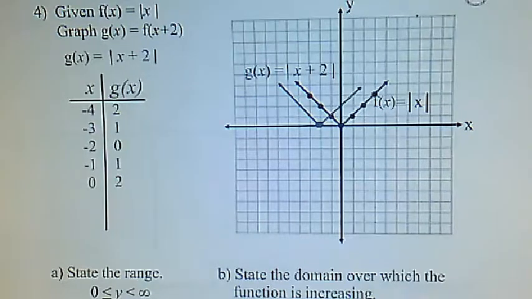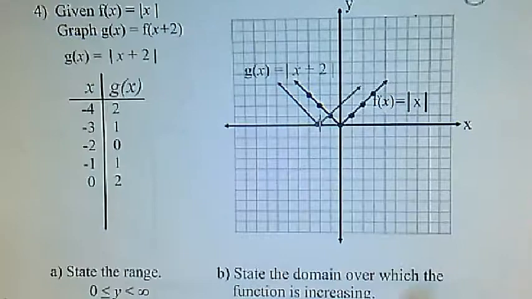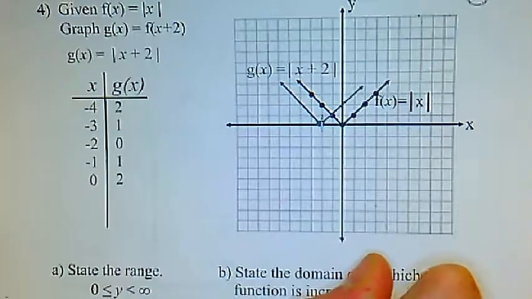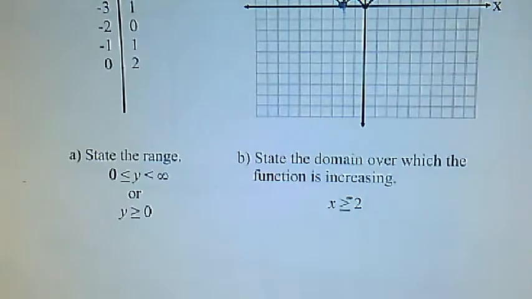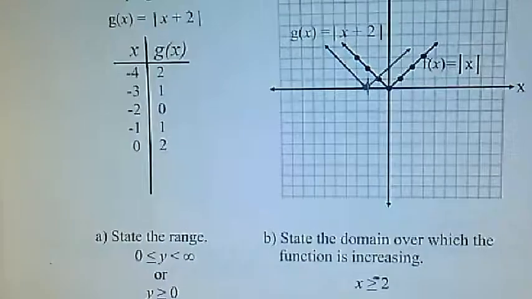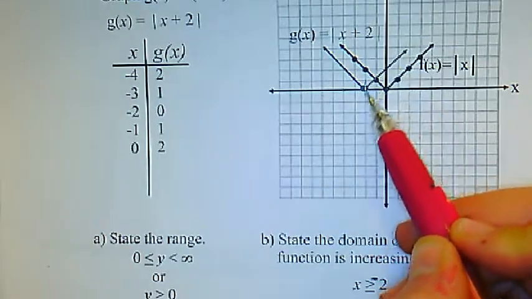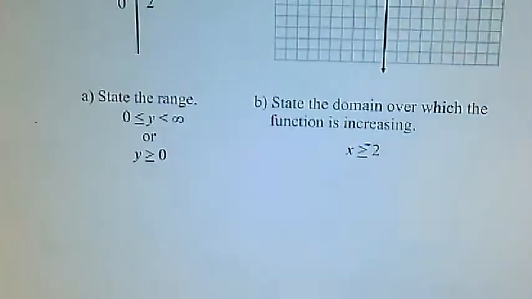So when x is -2, and that's a little typo, so anything greater than -2, I'm going to change that in your notes. So when x is greater than or equal to -2, that's when it's increasing. Okay, so notice that it's going up. It's going up. So when x is greater than or equal to -2, that is when it will be increasing.